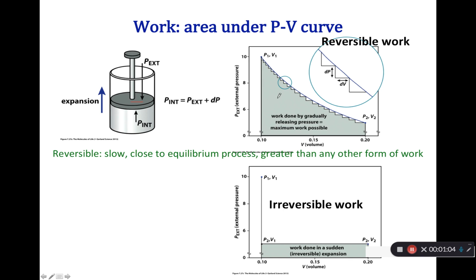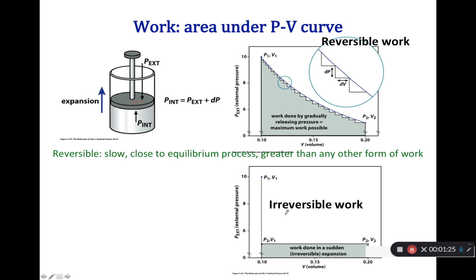This image is taken from Korean, and here you can see that for a slight increase in volume, there is a slight change in pressure, and that is the infinitesimal amount of work done. And for the entire reversible process, the work done is the area under this large curve.